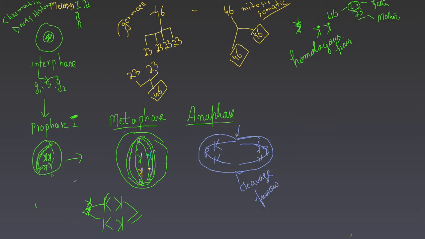And as it happens, when they are on the opposite sides, the nuclear membrane starts to reappear around them, and cytokinesis starts occurring. And cytokinesis means division of the cytoplasm. So anaphase and cytokinesis occur simultaneously.